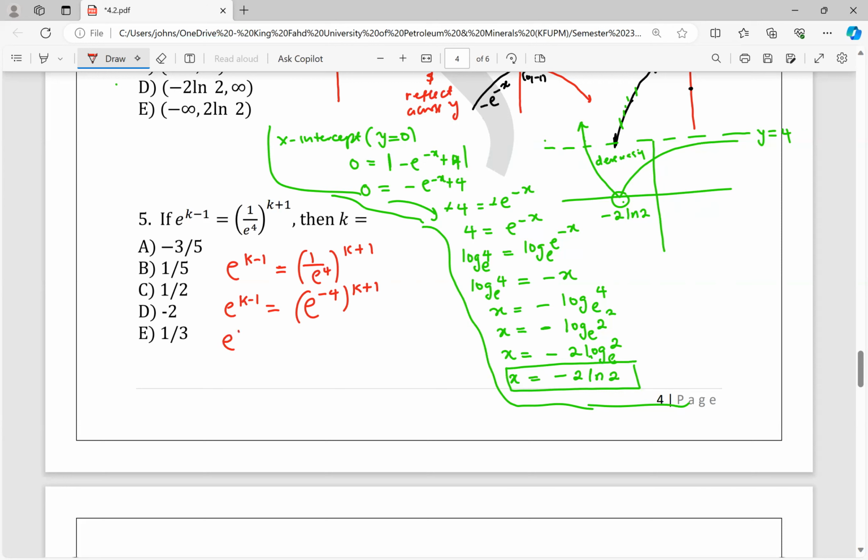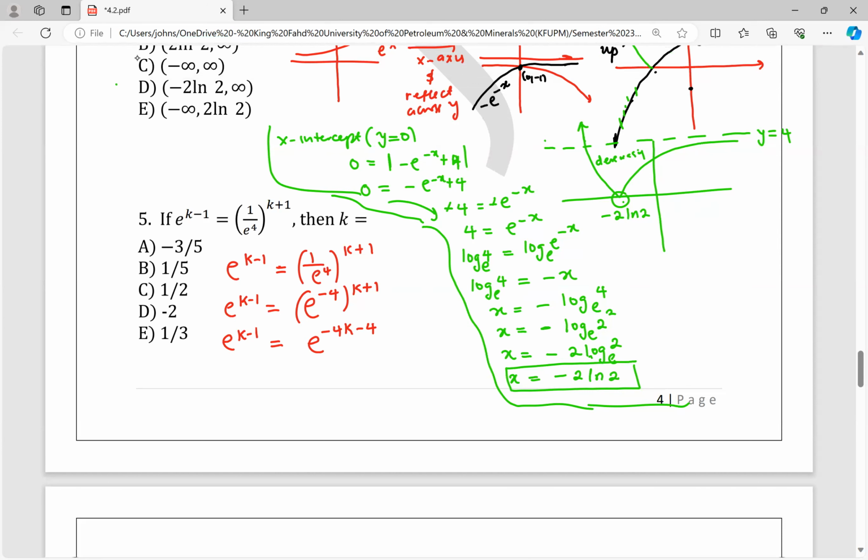So e to the k minus 1 equals, now you can multiply the power, e to the minus 4k minus 4.